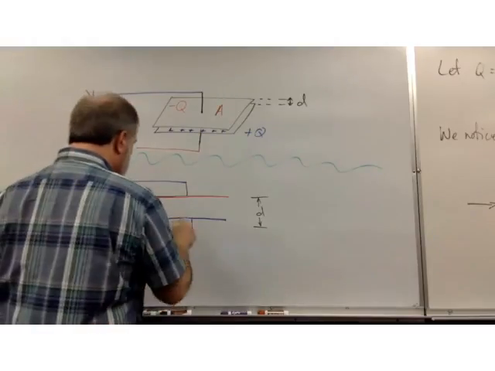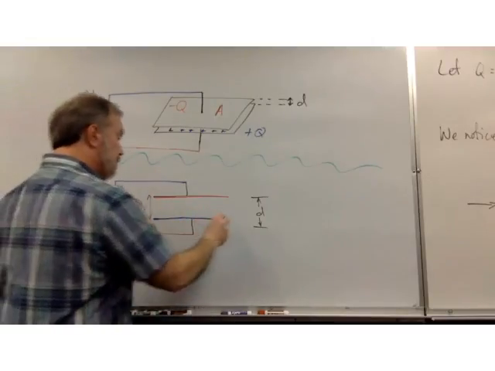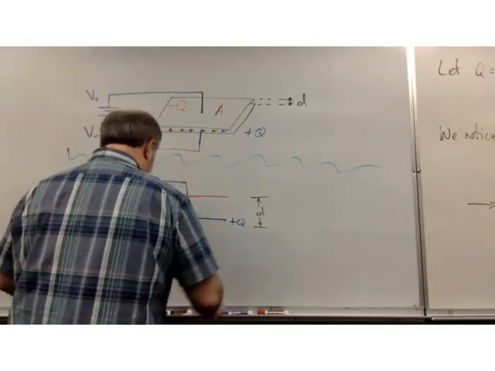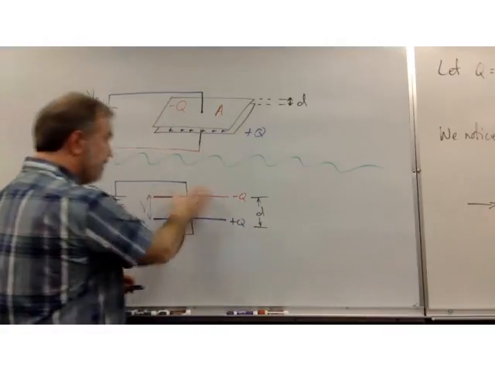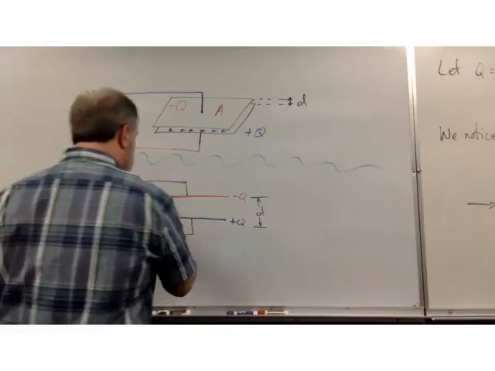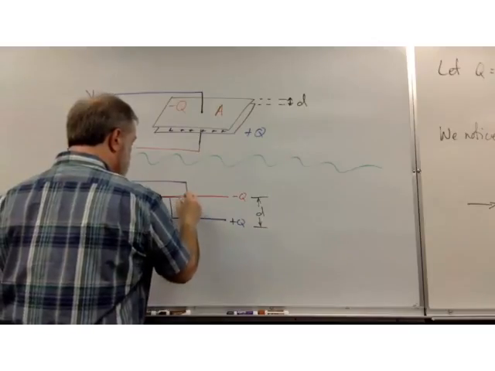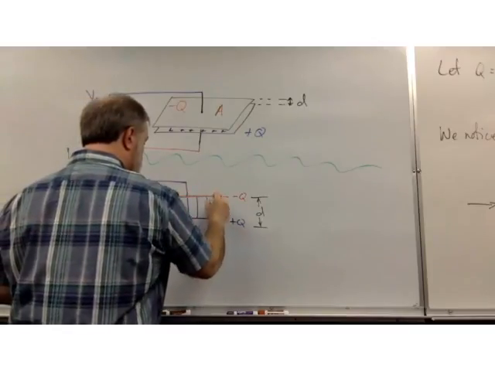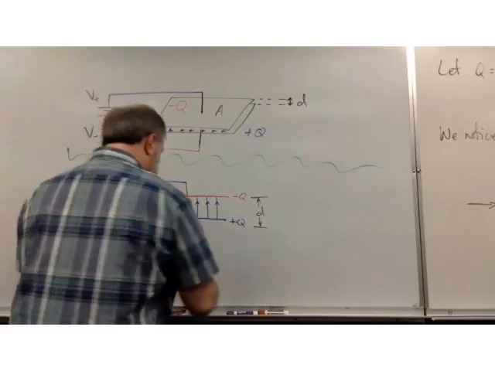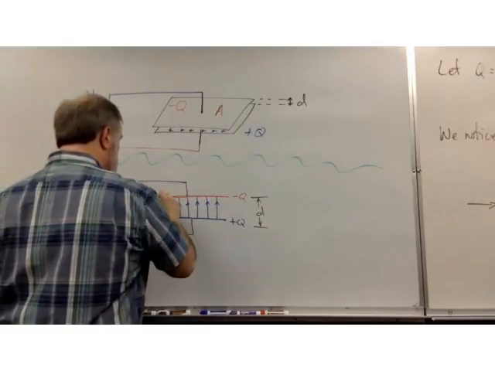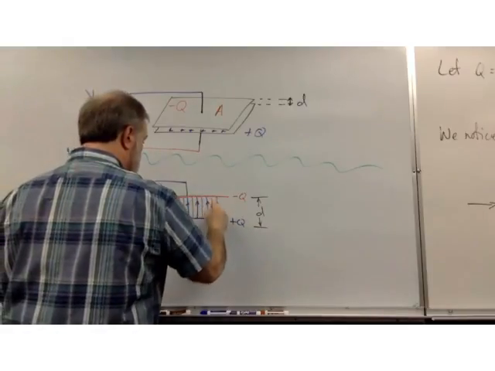But the bottom line is that the field from the bottom plate, being positively charged, so this is plus Q down here, this is minus Q up there, and remember these plates have surface area equal to A. The electric field from the bottom plate points perpendicular, that is to say normal, to the plate, and points directly away from the positively charged plate, whereas the field of the negative plate also points perpendicular, but this time to the negative plate, but also to the positive plate as it happens, right?